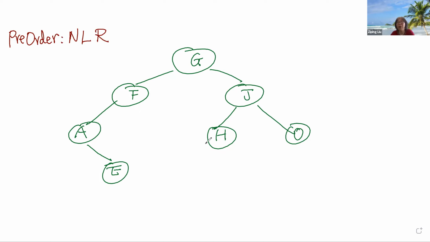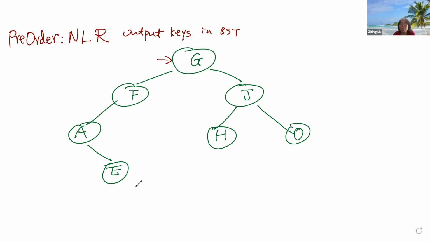So let's come back again to see. Suppose we want to output the keys in the binary search tree, okay? So we start at the root node, G.